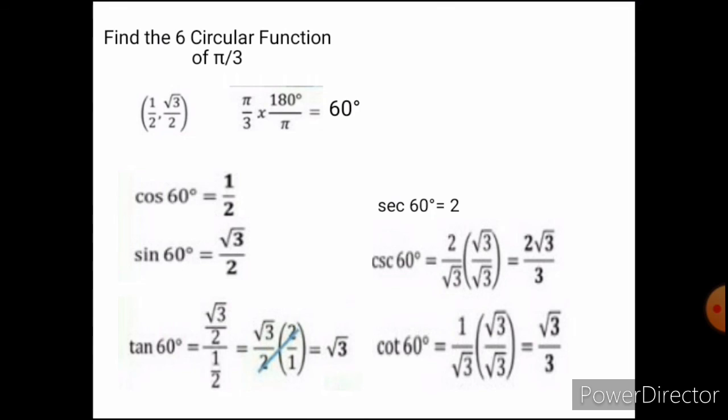And then we multiply by square root of 3 over square root of 3, giving 2 square root of 3 over 3. The cotangent is the reciprocal of tangent. We have square root of 3, so 1 over square root of 3 in cotangent. So it equals square root of 3 over 3.